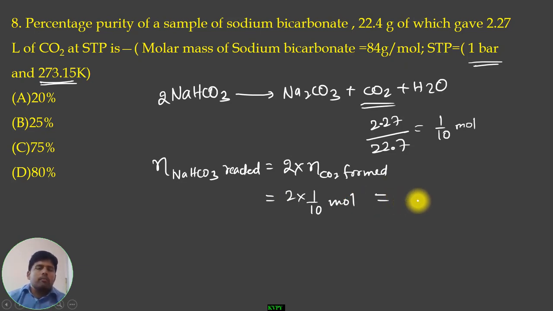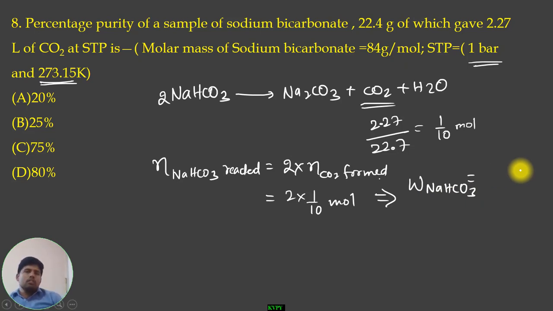Because we want to find out percentage purity, we need mass. Or we can calculate by moles also, but let us be very clear. We can find out mass here. W of NaHCO3 is equal to 2 by 10 into the molar mass.